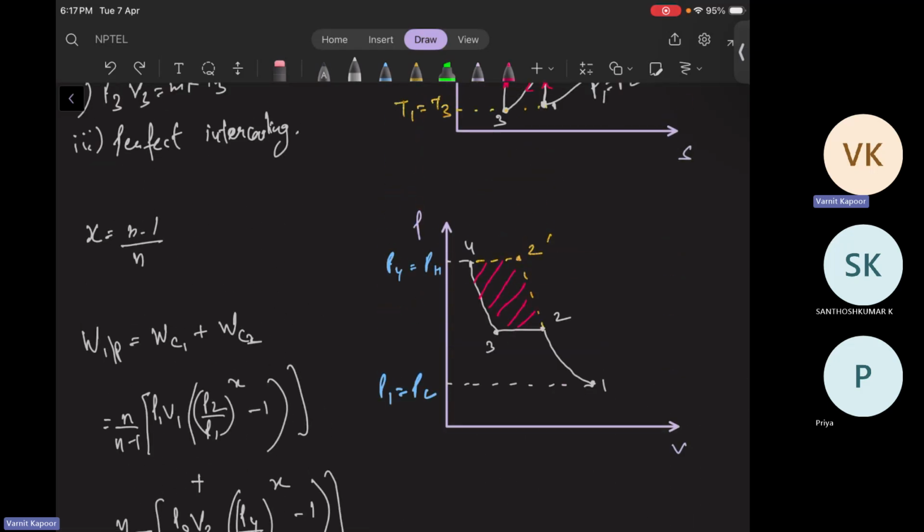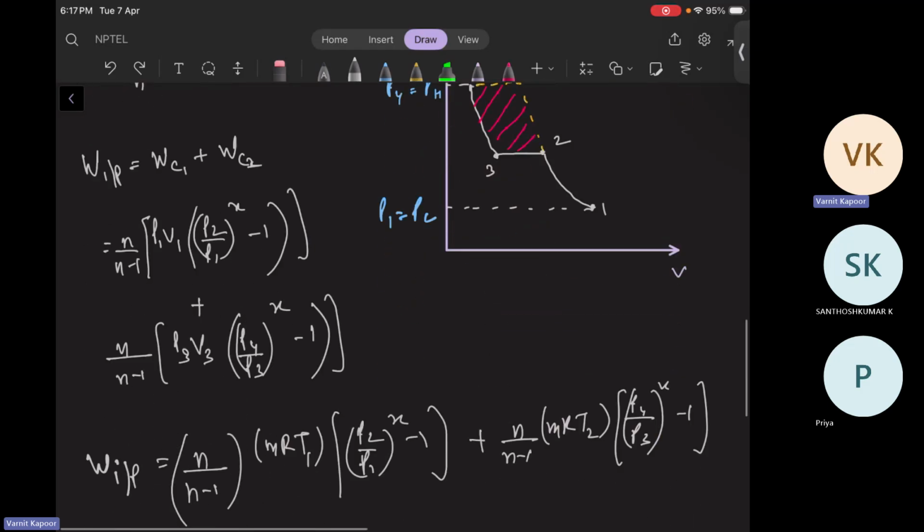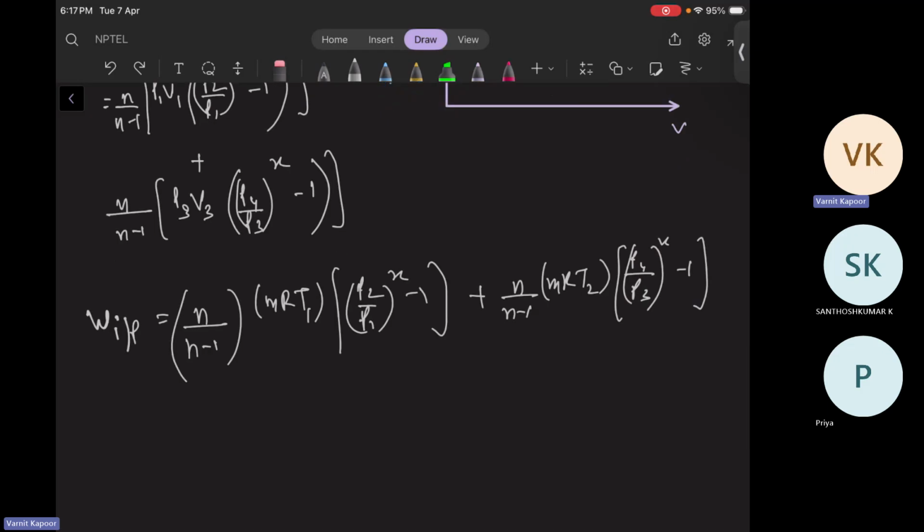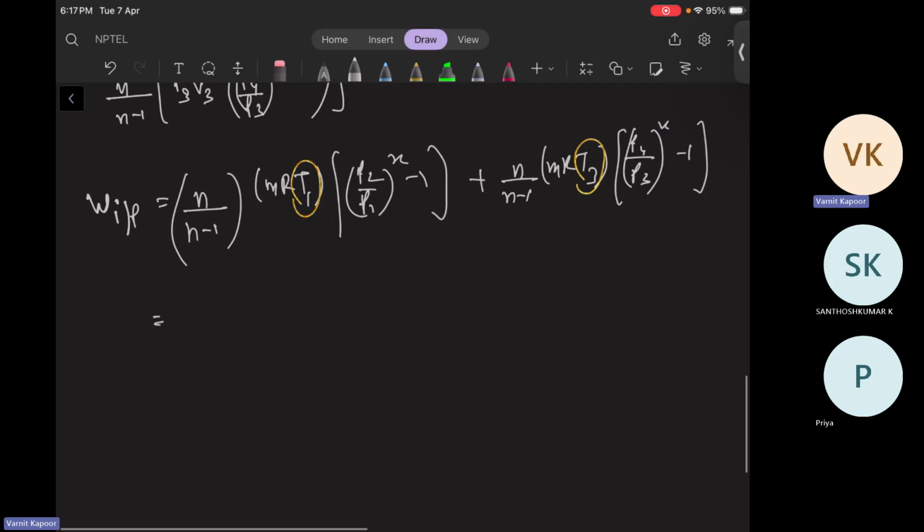And we are saying that it is perfect intercooling. So T1 is equal to T3. So this and this are equal in our assumption for perfect intercooling. So let us write this as 1 by x.